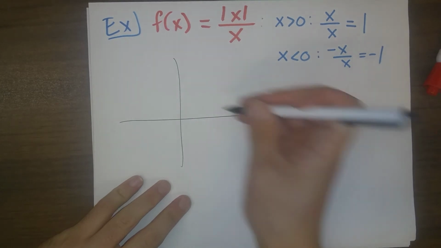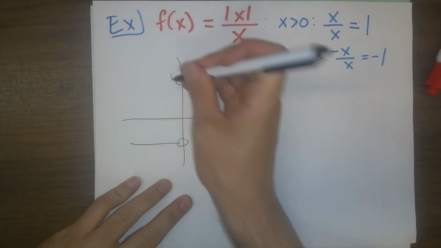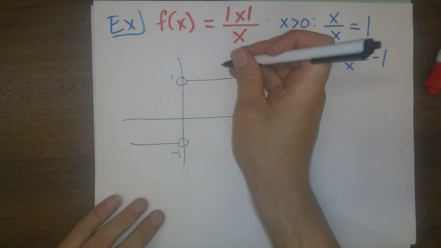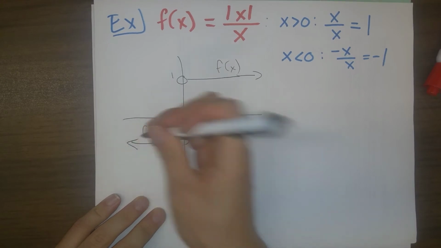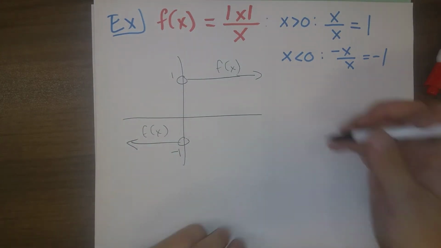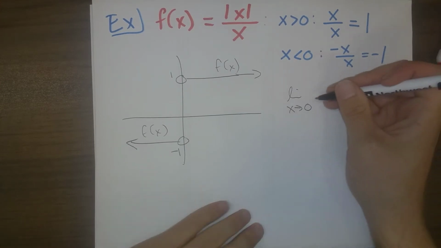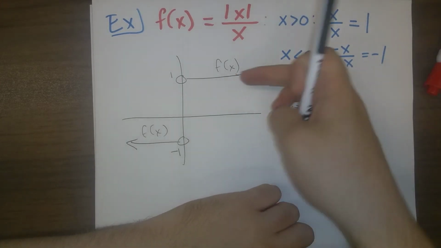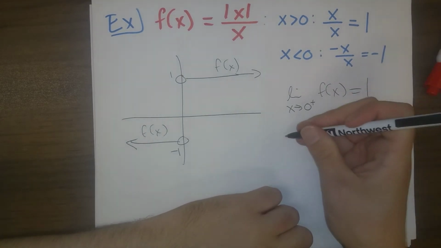And so, graphically, this is what the function looks like. Here is 1, here is minus 1, here is f of x. It does not take too much creativity to see here that the limit as x goes to 0 from the right, with a plus sign, of f of x is equal to 1.